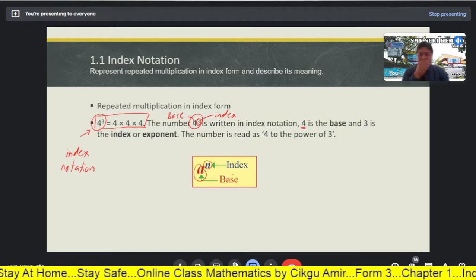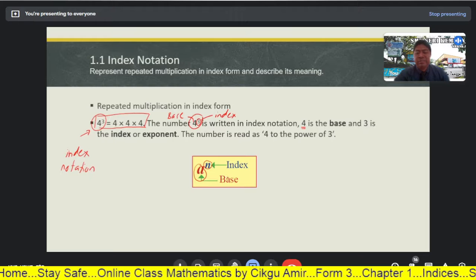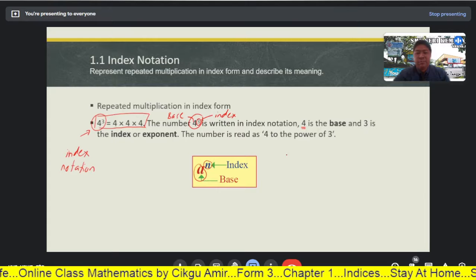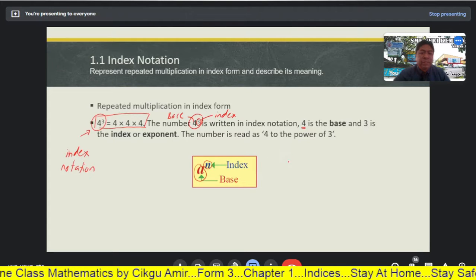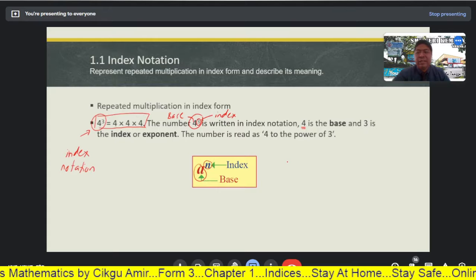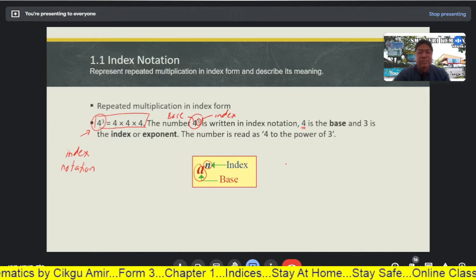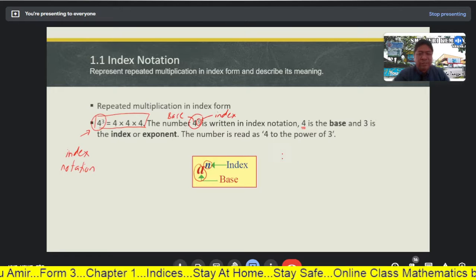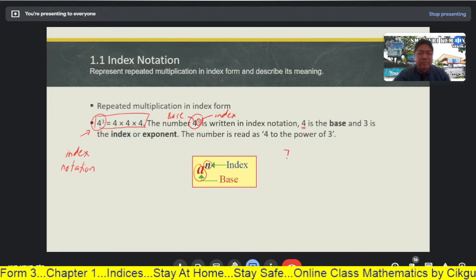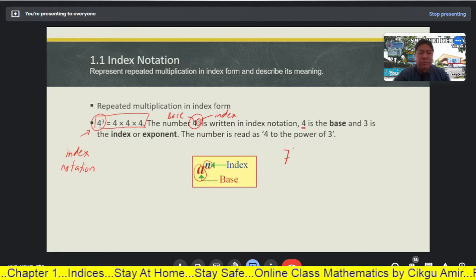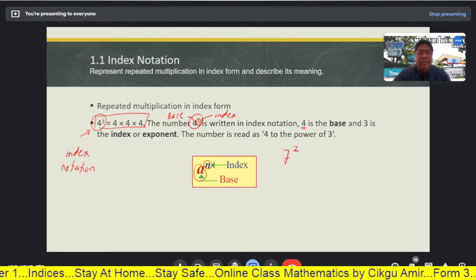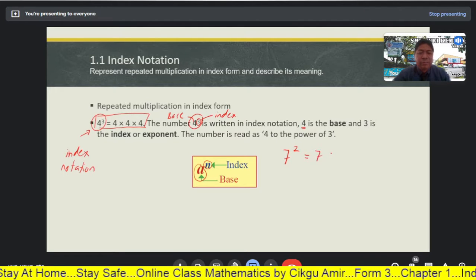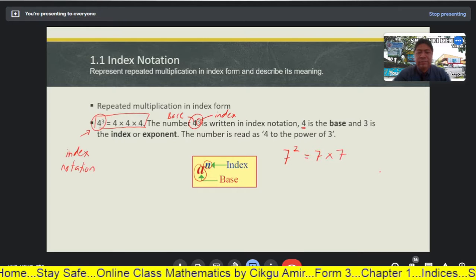So actually you have learned this. Another example to show index is actually a repeated multiplication. We come to another number, 7 to the power of 2. 7 to the power of 2 is actually 7 multiplied by 7.